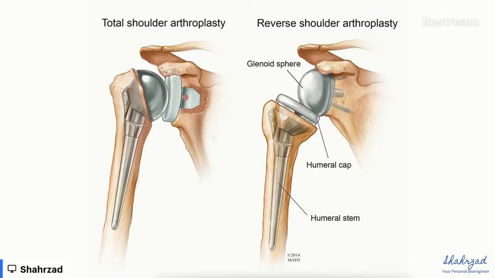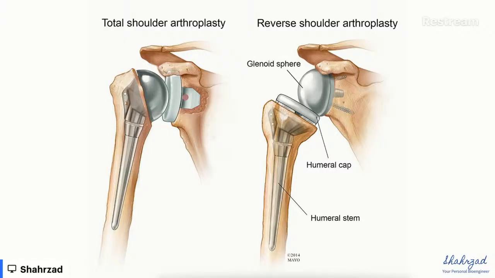That is one condition where this structure or this type of implant, reverse shoulder arthroplasty, would be used in that case. Basically, in reverse total shoulder replacement, the socket and metal ball are switched around. This allows the patient to use the deltoid muscle instead of the torn rotator cuff to elevate the arm.